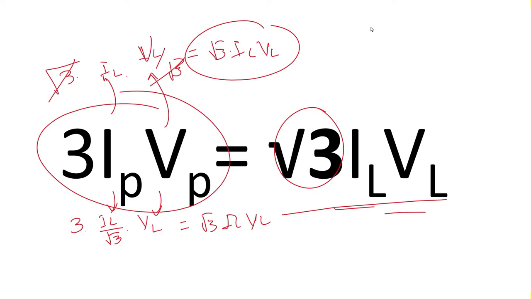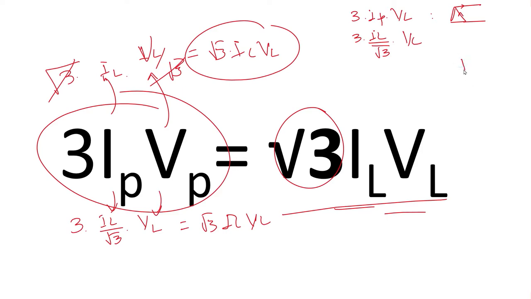How? Let me repeat it. Let's say we are having 3 IPVP and we are having a delta connection. So in delta, the voltage will be the same, but the current would be divided by under root 3 for a single phase. So 3 IL divided by under root 3 into VL.